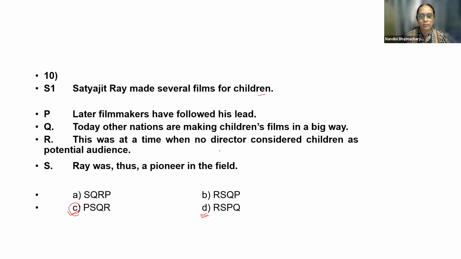This was a time when no director considered children as potential audience. So, he made several films for children. When did he make them? When no director considered making films. That makes sense. S1 and R coming after that.